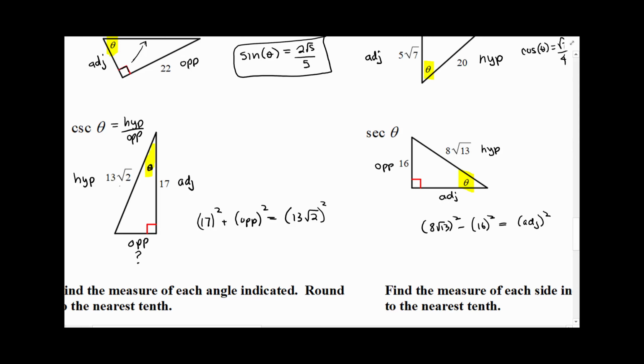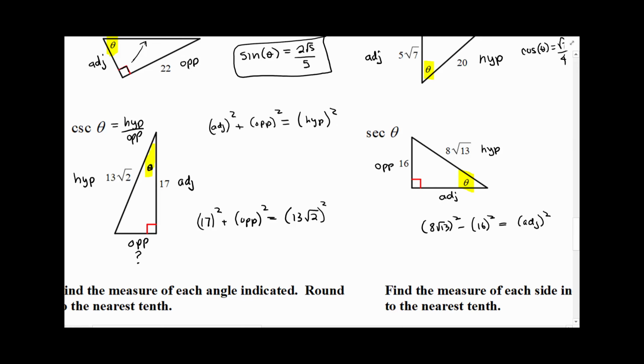So you're just going to use Pythagorean theorem, which says a squared. So I'm going to call it the adjacent, which is a squared, plus the opposite, or the b squared, is equal to c squared, or the hypotenuse squared.